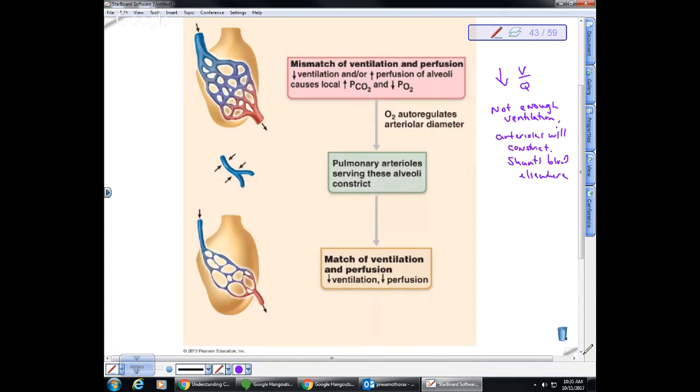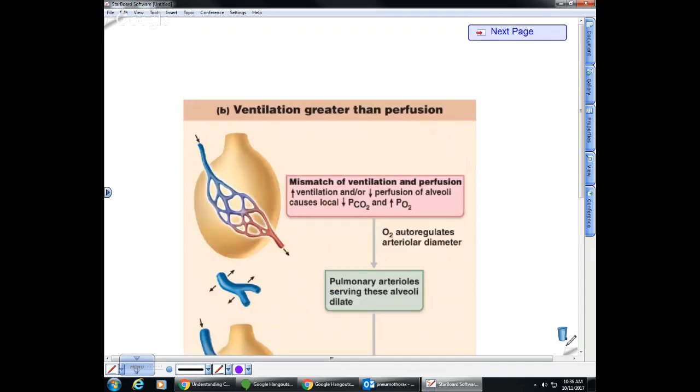So the opposite is what will happen if you have too much ventilation and not enough blood going to a particular area. So if you have an increase in V over Q, right, that means that it's above 1. That means that you have lots of air going to a part of the lung, but very little blood. And so what that does is that causes the arterioles to dilate.